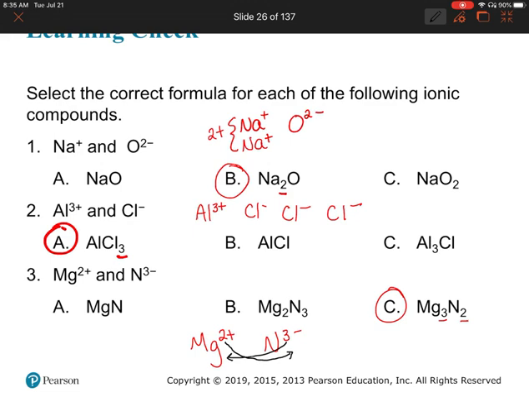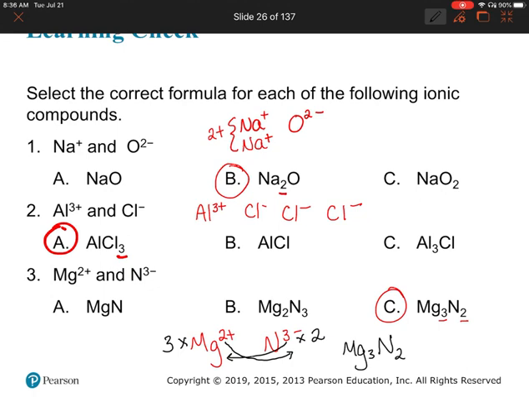So the 2 is going to come down and become a subscript for nitrogen, and then the 3 is going to come down and become a subscript for magnesium. So that's another way to do it, because essentially at that point you're multiplying magnesium by 3 and you're multiplying nitrogen by 2. So you end up with 6+ and 6-.